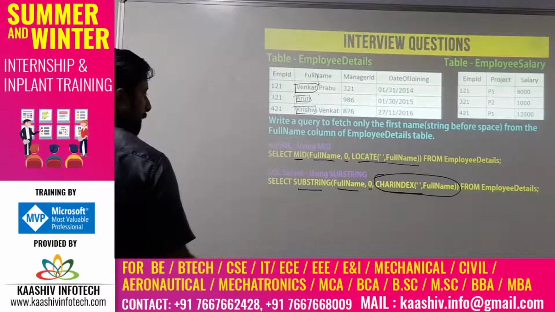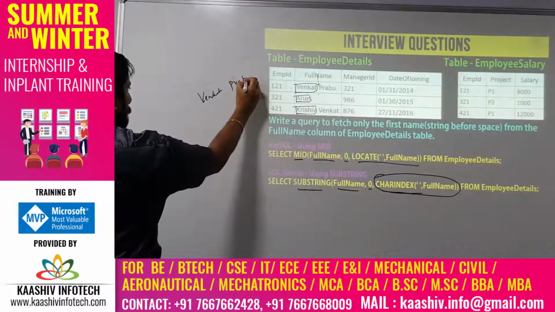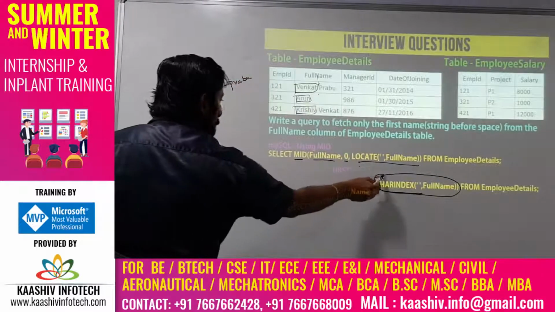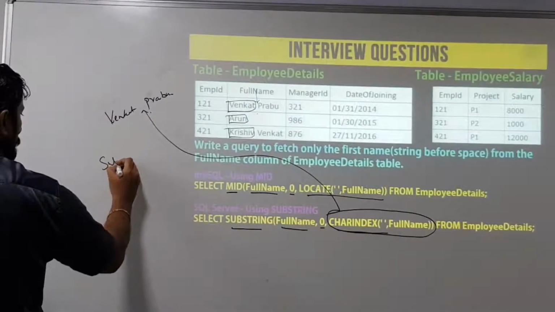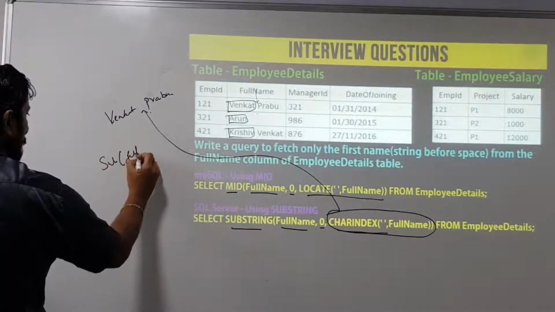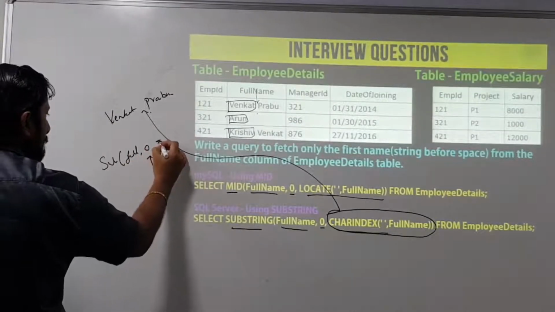I am trying to create a, so Venkat Prabhu. This one will search for this space. Substring of full name comma 0. What is the starting point? How much length do I want?